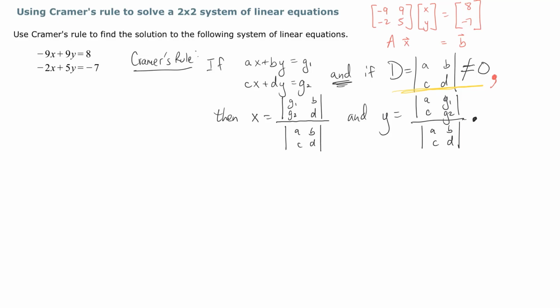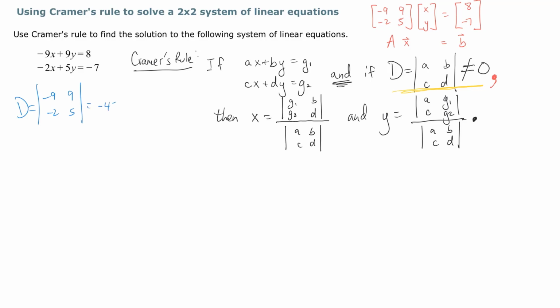All right. Why don't we see if Cramer's rule works for this system here. Let's check matrix D. What is matrix D? D is going to be the array -9, 9, -2, 5 with vertical bars. And we want to evaluate this expression.